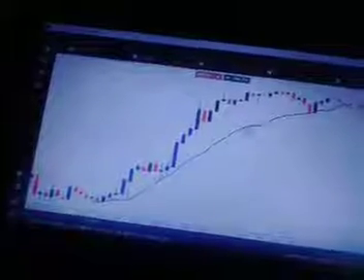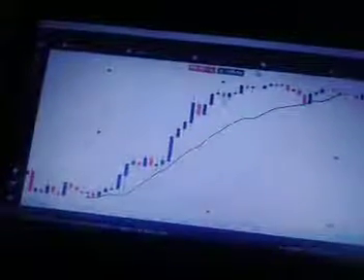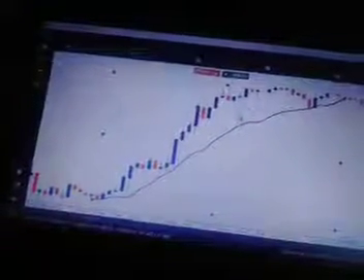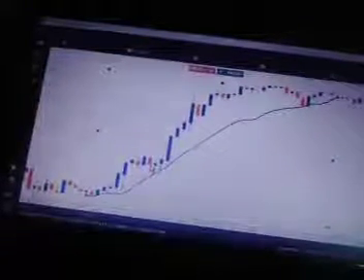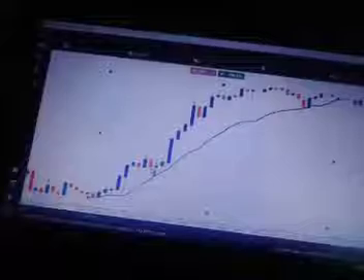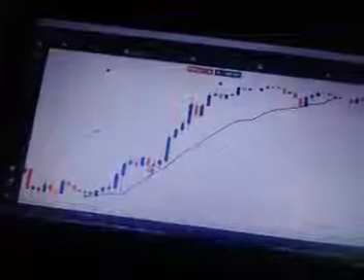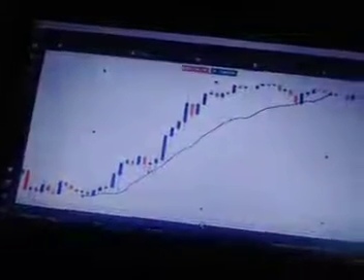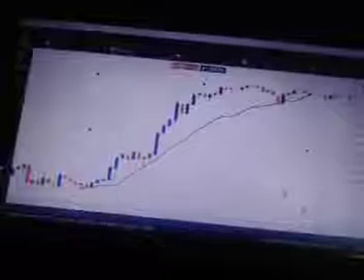So if you are using a moving average indicator, when the price is above the indicator, then that's an uptrend, just as simple as that. If the price is below the indicator, then that's a downtrend. Just as simple as all that.